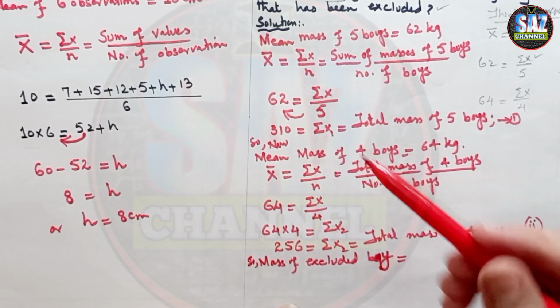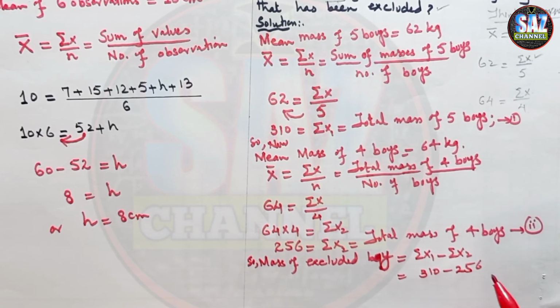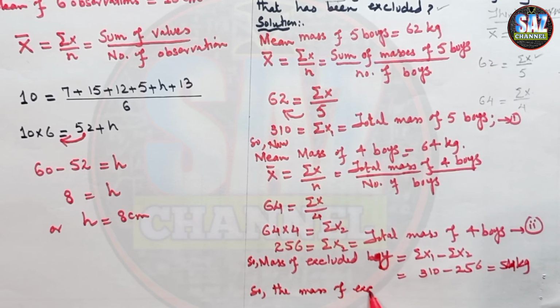So we can do summation x1 minus summation x2, which gives 310 minus 256, and this gives me 54 kg. So the mass of the excluded boy is 54 kg.